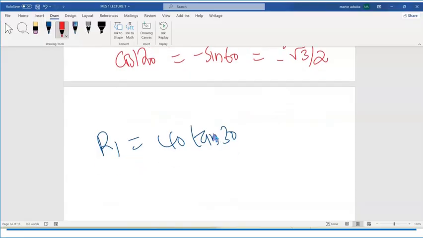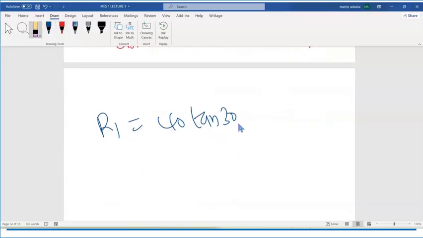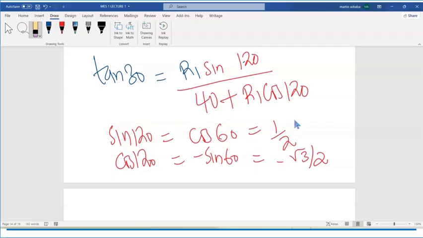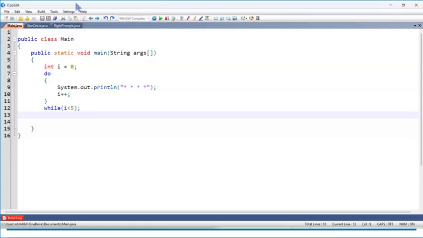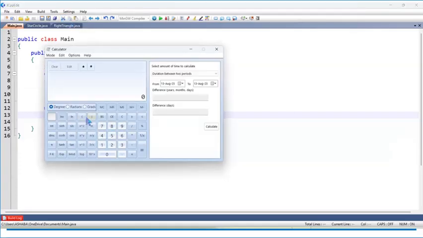So we can substitute in those values. These values are known as a constant. If you have your calculator, type there cos 60. Let me see, I had my calculator here. Okay, so I want to take a cosine of 120. What is the answer?